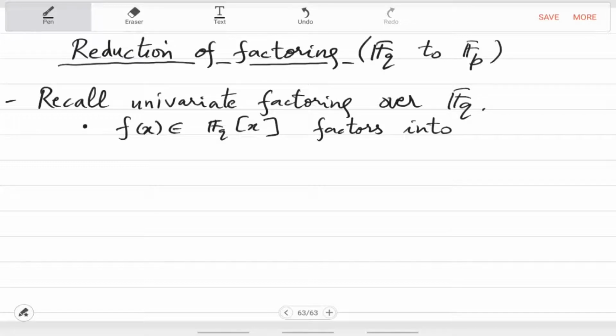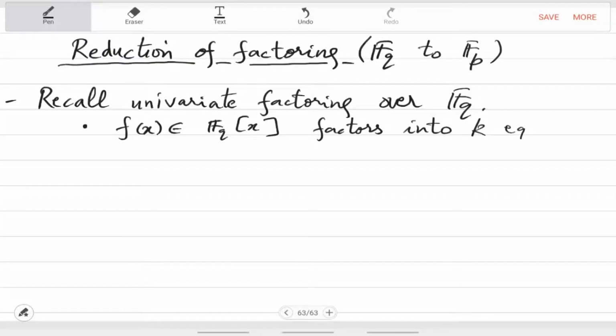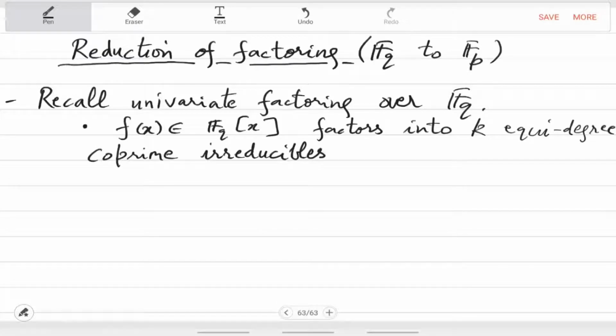So by pre-processing steps, we can assume that f(x) factors as equidegree irreducibles. So it factors into k equidegree co-prime irreducibles in FQ[x]. Right. So this is the setting we are in.